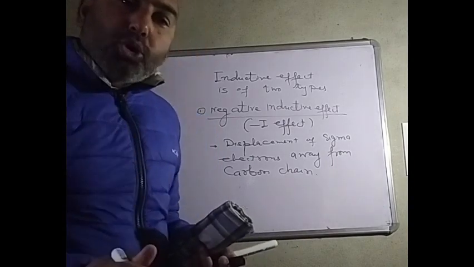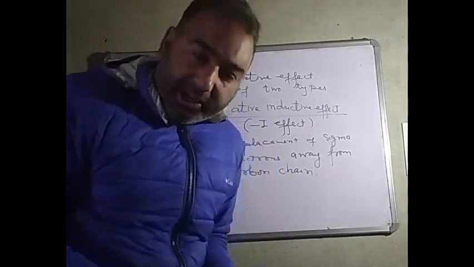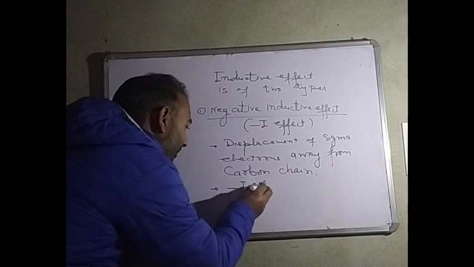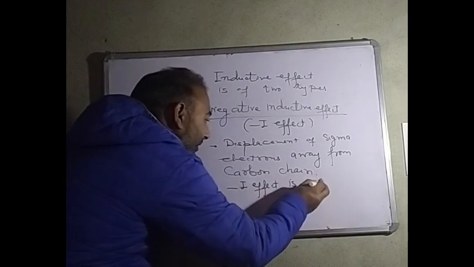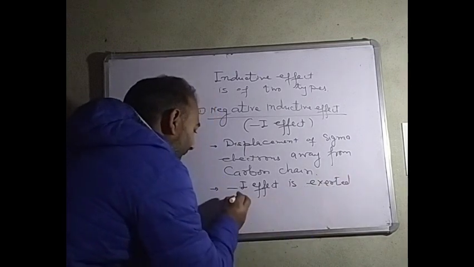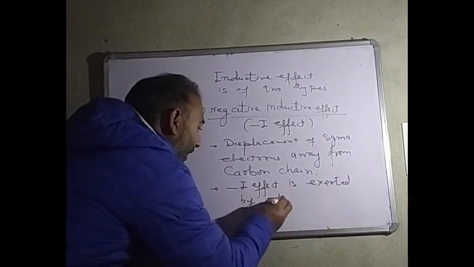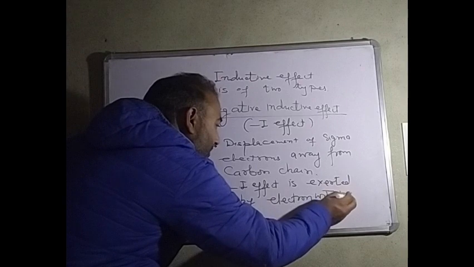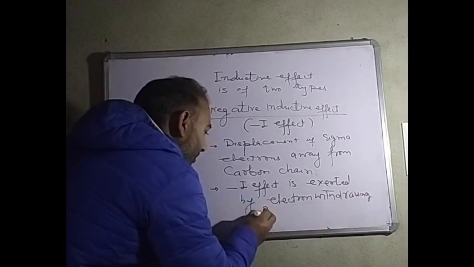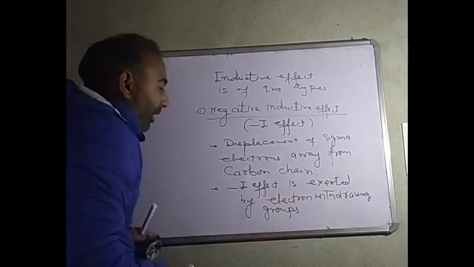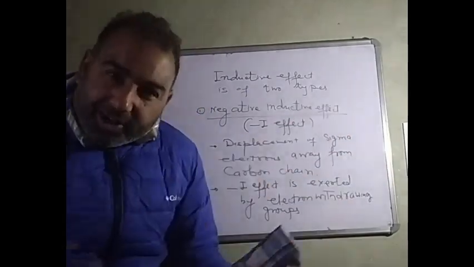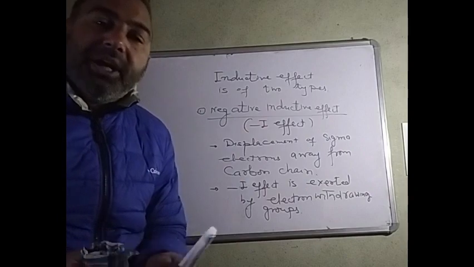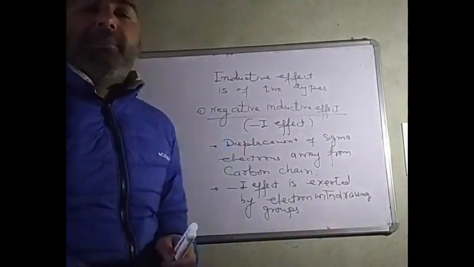When carbon is attached to an atom which is more electronegative, minus I effect is exerted by electron attracting groups, or we call them electron withdrawing groups, which attract sigma electrons, which withdraw sigma bonds away from carbon chain. They happen to be more electronegative than carbon.